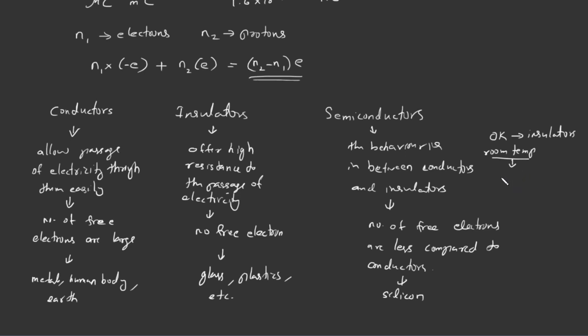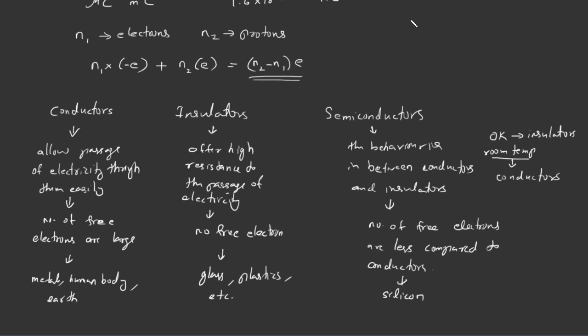So at room temperature, they act as conductors. In semiconductor, we can also see that when an electron frees itself, it creates a vacancy, and this vacancy created by free electron in a semiconductor also helps in conduction.